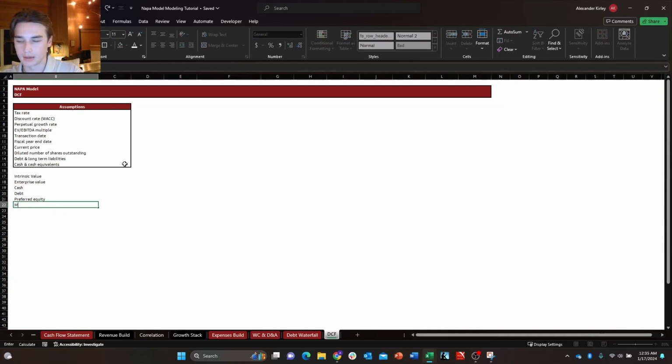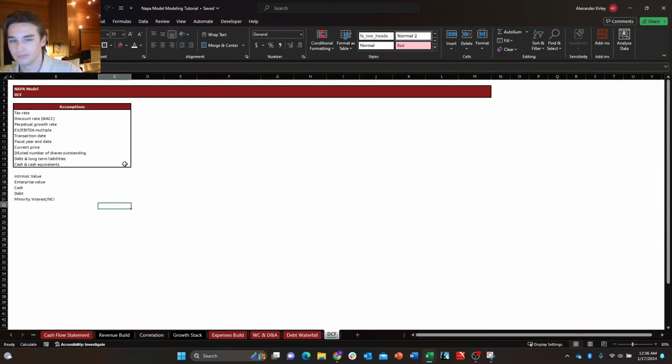And my minority interest slash non-controlling interest, NCI. We don't really have it in this example. And then this will give us our equity value, and then we divide this by the total number of shares outstanding, giving us our equity value per share.